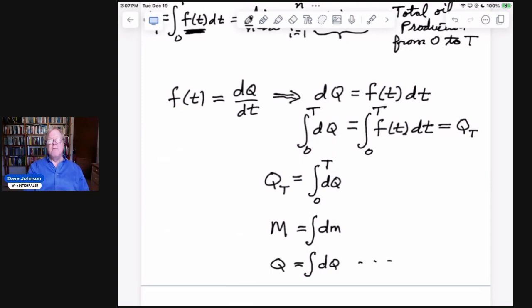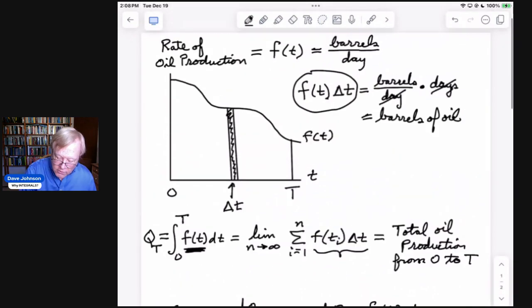Now, somebody out there could dream up an integral which isn't of this type, but in practical terms, in engineering or physics or biology or business or a lot of these fields, the integral is the integral of some small quantity. You're adding up all these little tiny quantities, dQ's. You're getting a total oil production, charge, mass, whatever it is, and that is equivalent to the area under the curve.